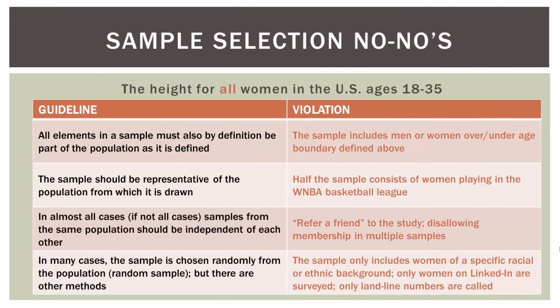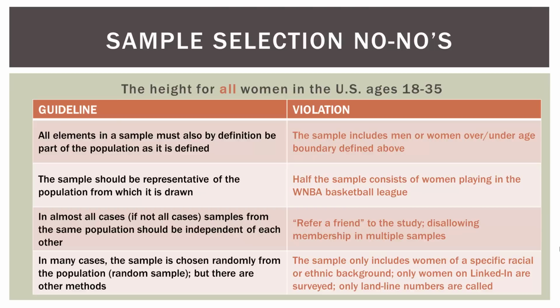Now, on the last slide I mentioned several guidelines or ideas you need to follow, but here are some ways in which those can be violated. So I call these our sample selection no-nos. Now, I'm going to use the height for all women in the U.S., ages 18 to 35, as our example. Let's look at our first guideline. All elements in the sample must also, by definition, be part of the population as it is defined. So how is our population defined above?